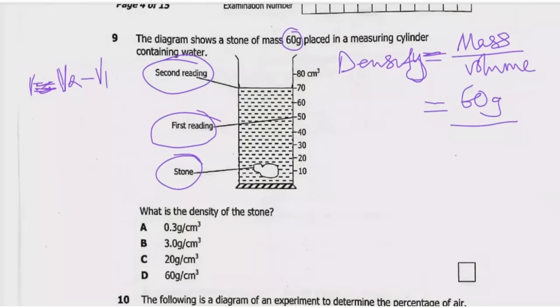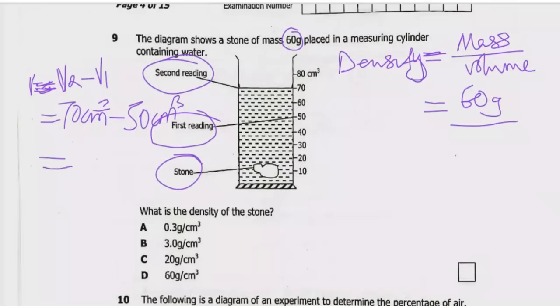In this case, volume 2 is the second reading. So the second reading is 70 centimeter cubic minus the initial volume, that is the first reading, which is 50 centimeter cubic. Okay, so 70 minus 50 centimeter cubic.